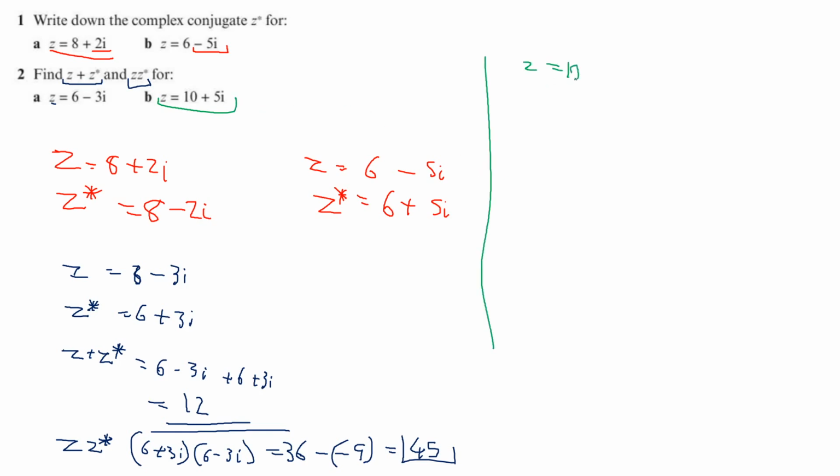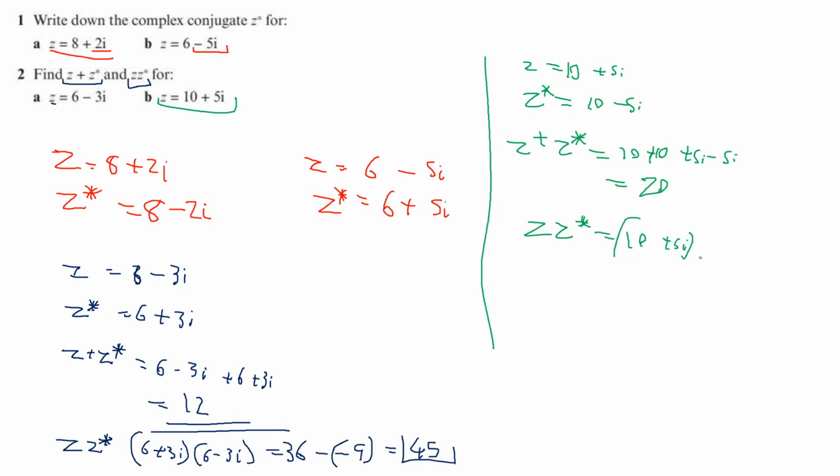z is equal to 10 plus 5i, which means that z star is going to be 10 minus 5i. z plus z star is going to be 10 plus 10 plus 5i minus 5i, which is just equal to 20. z times z star is just going to be 10 plus 5i, 10 minus 5i, which is the same as 100 minus 25, which is the same as 125.